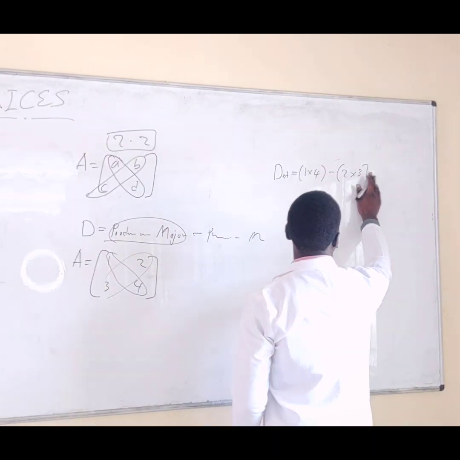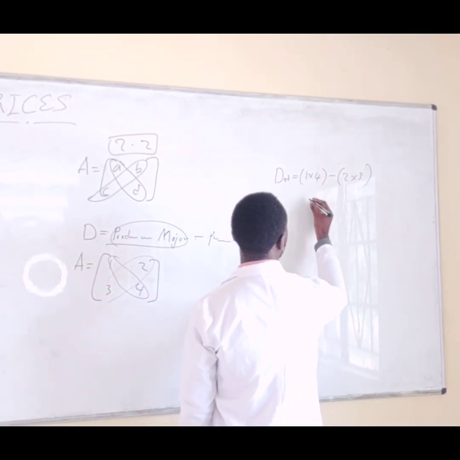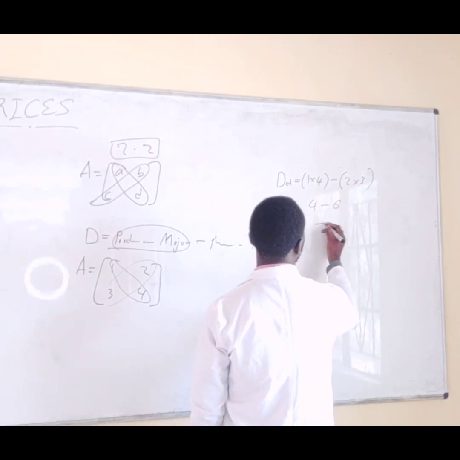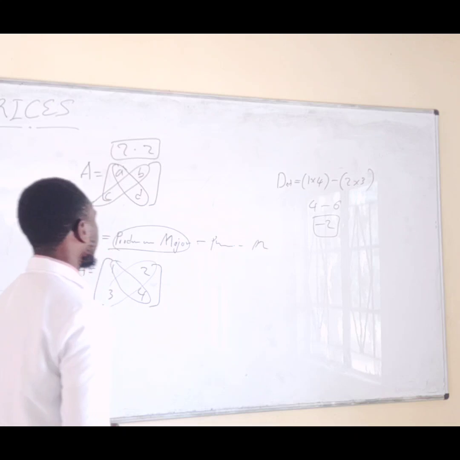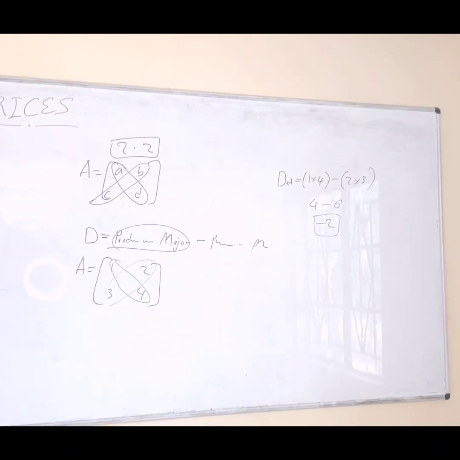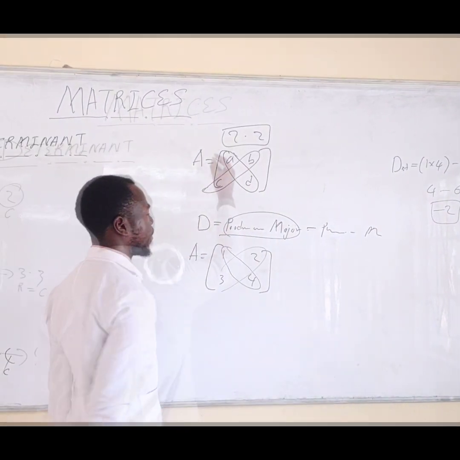You are going to have something like this. Then here you say this by this one, and I believe you are going to get a 4. This one, you are going to get a 6. Minus, what are you going to get here? Negative 2. This is your answer. So to find the determinant of a 2 by 2 matrix, this is what we have to do. It's just quite simple. Just get the product of your major diagonal minus the product of your minor diagonal.